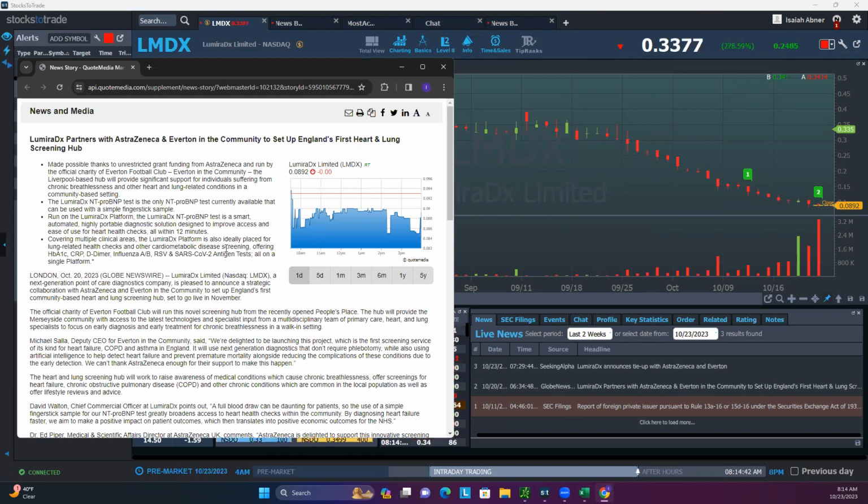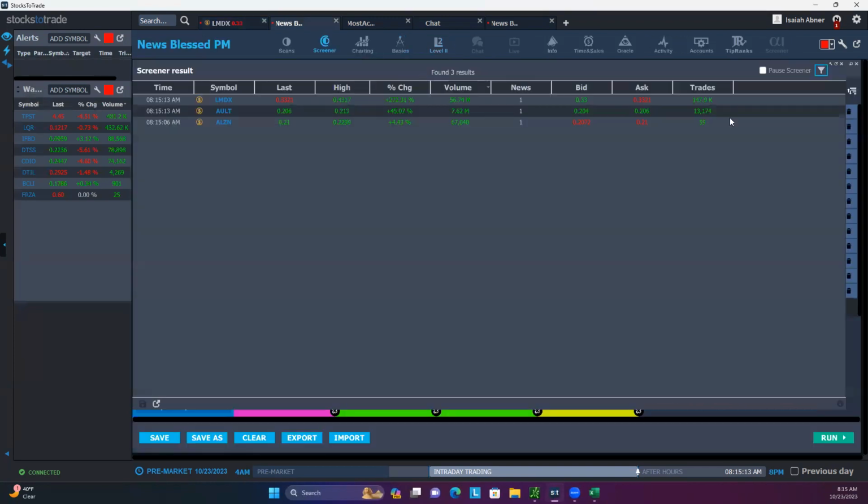But had the news. And I mean, look, they're setting up England's first heart and lung screening hub. That's a major, major thing. That's major news.